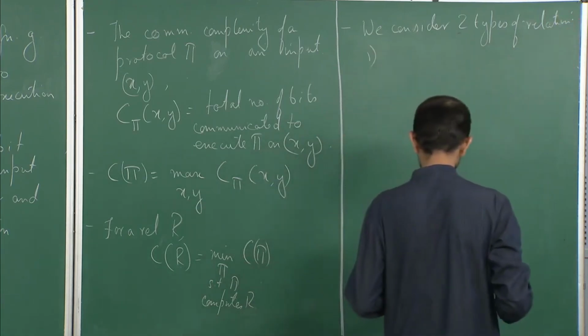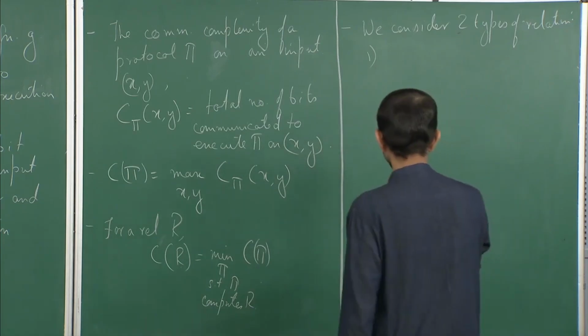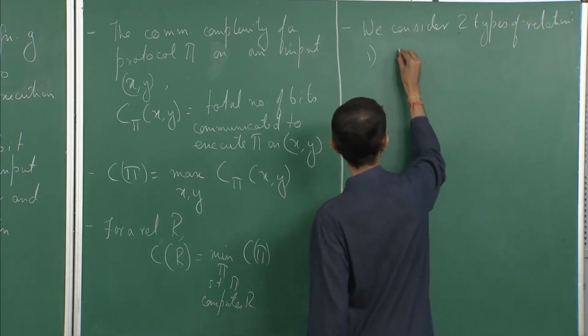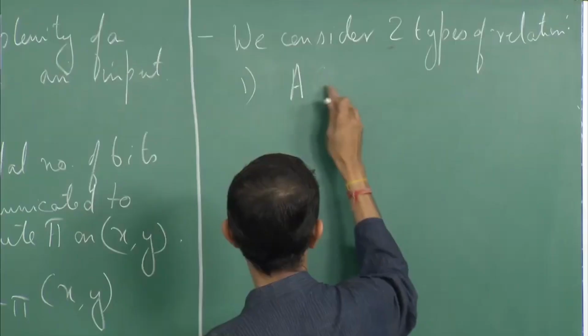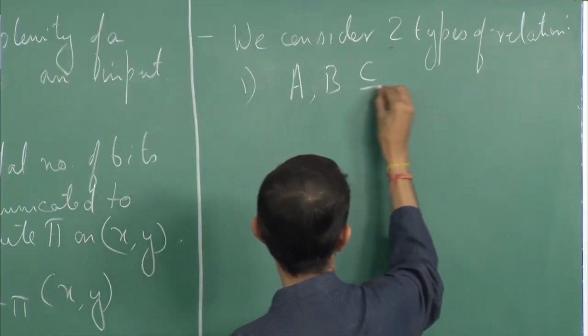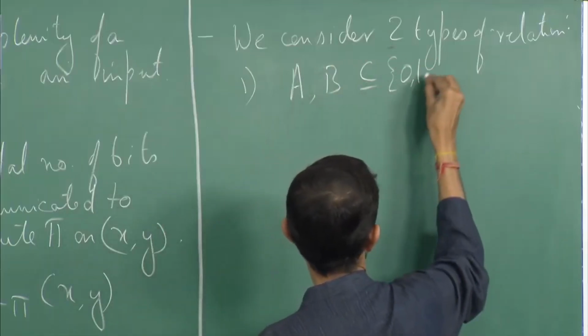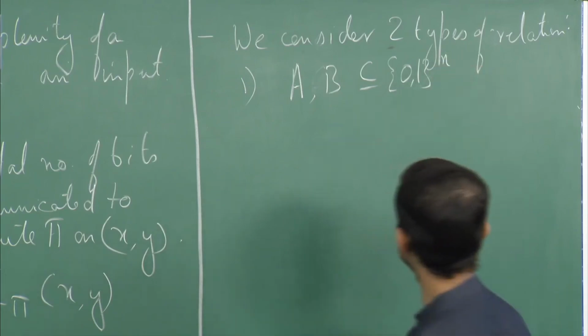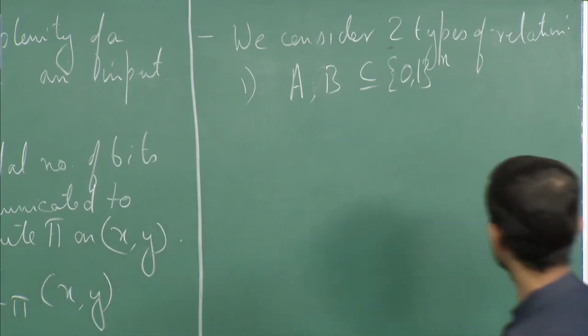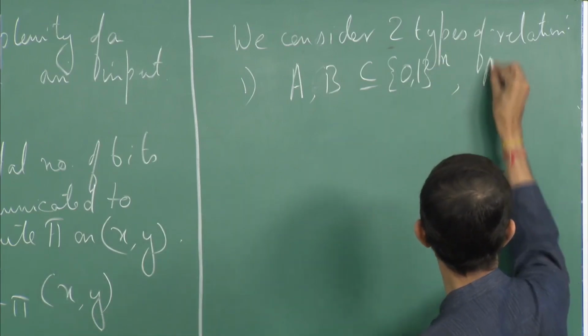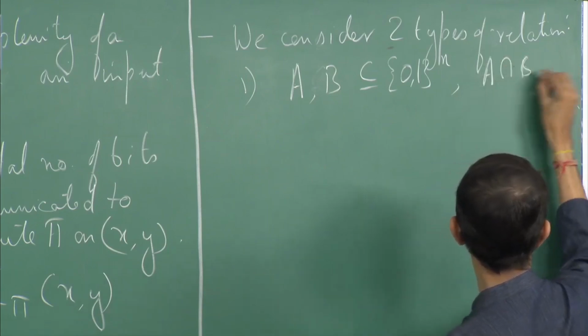The first one is, so suppose we have sets A and B consisting of n-bit strings such that A and B are disjoint.